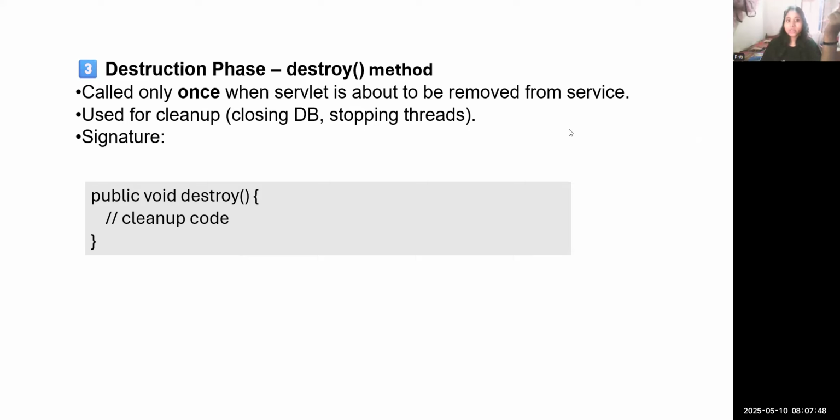It is used for cleanup, like closing DB connections and stopping threads. The signature is public void destroy, and we can put cleanup code in it. So these are the three phases of the servlet life cycle.